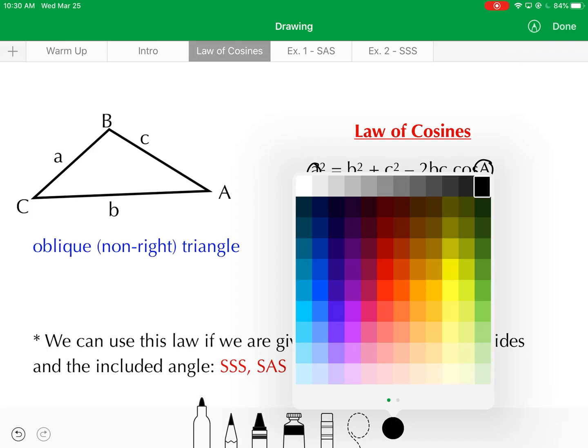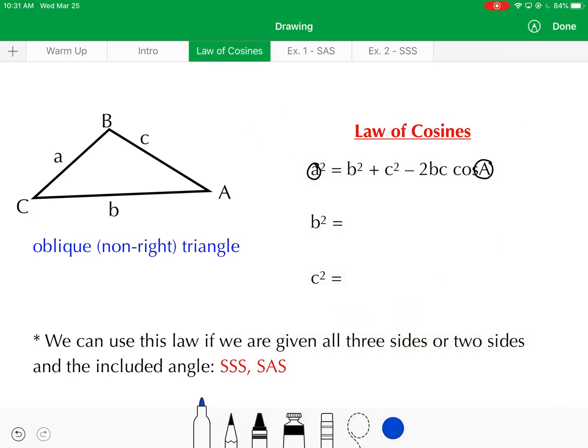Okay, so if I follow that for B squared, the formula would look like A squared plus C squared minus 2AC cosine of angle B. If I'm working with C squared, that's going to equal A squared plus B squared minus 2AB times cosine of angle C. All right.